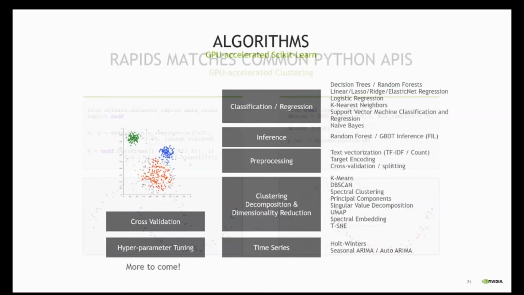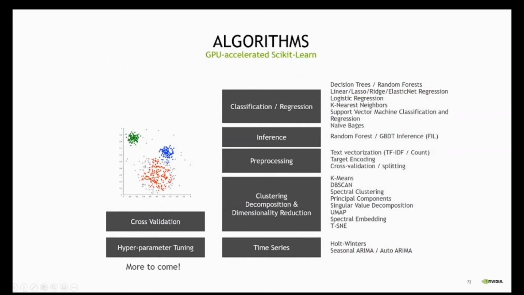Now there are different GPU accelerated pipelines available for machine learning, from classification and regression tasks such as decision tree, random forest, logistic regression, k nearest neighbor, SVM, naive Bayes, to other algorithms as well.